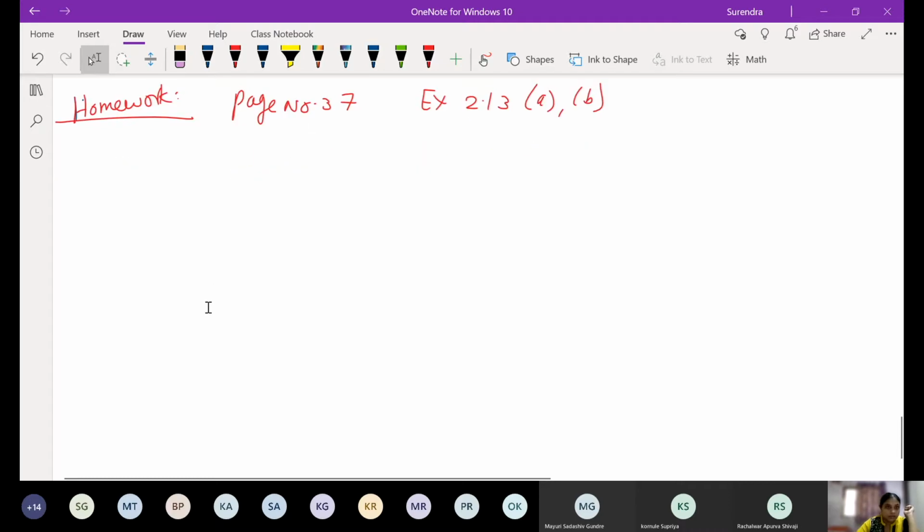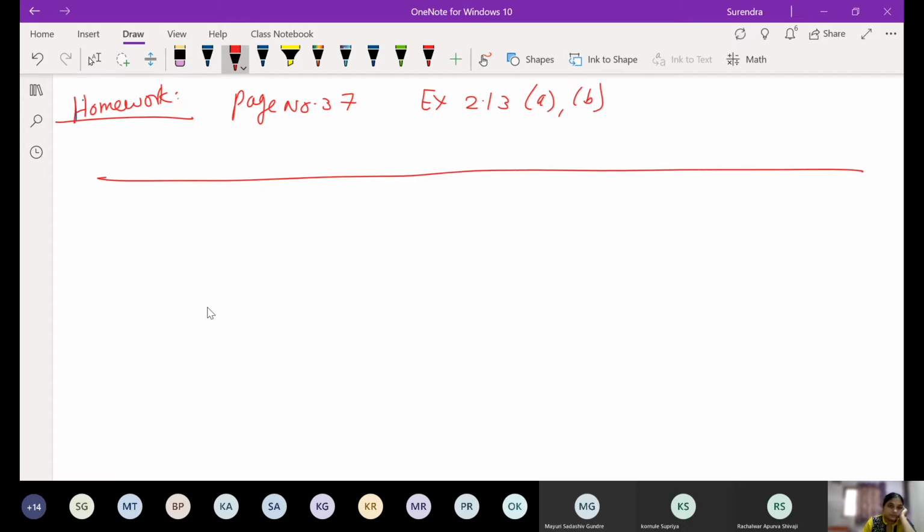Now in the next chapter, chapter 3, linear difference equations.